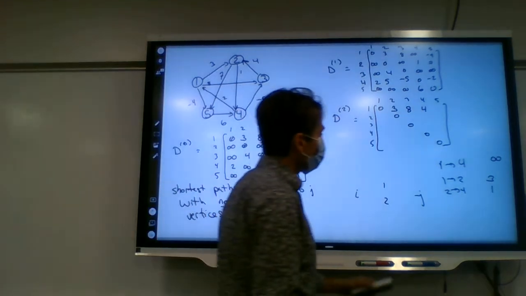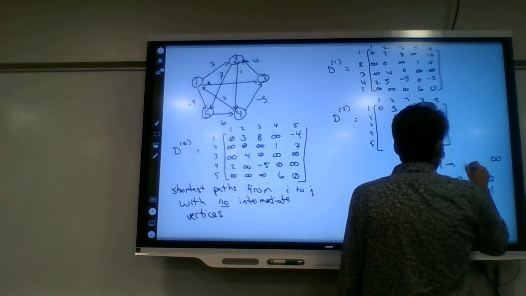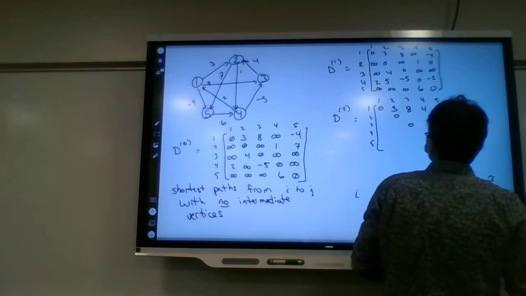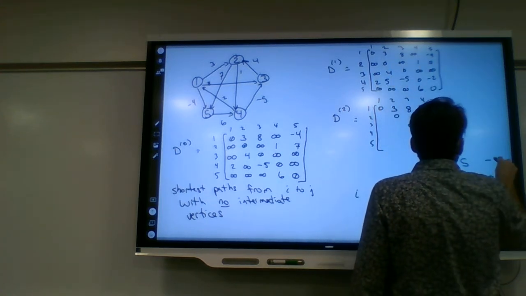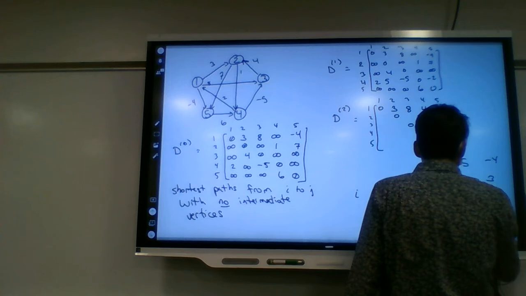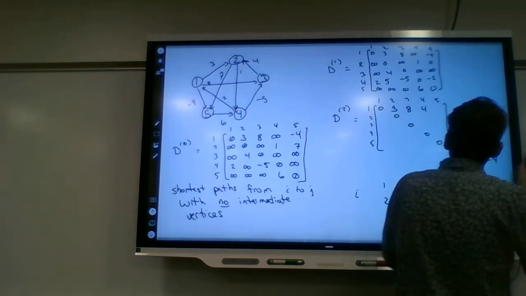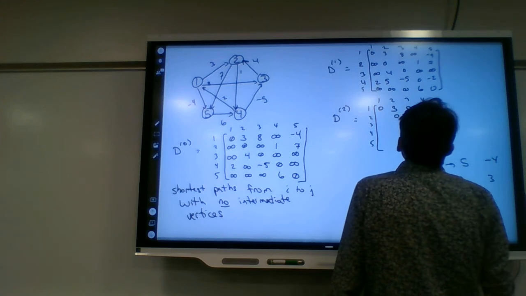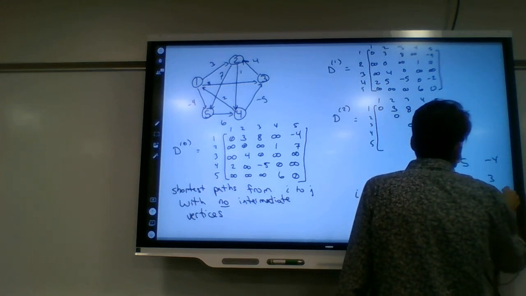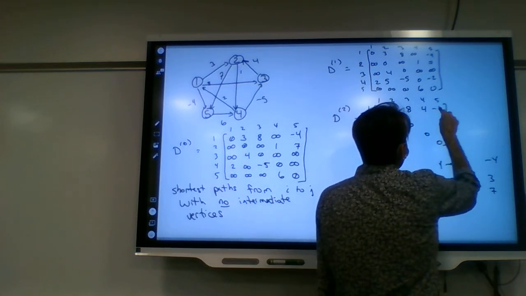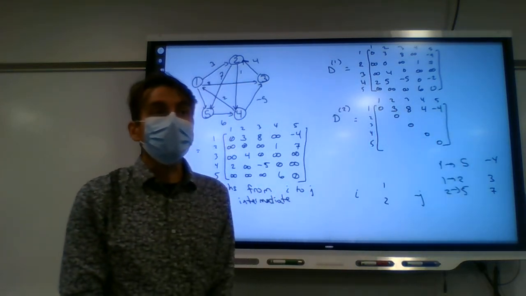And then we do the same thing for 5. 1 to 5, distance was -4. So now we're looking at 1 to 5 directly, or 1 to 2 and 2 to 5. 3, 2 to 5 was 7, and we're comparing -4 and 10, so no changes to the -4.